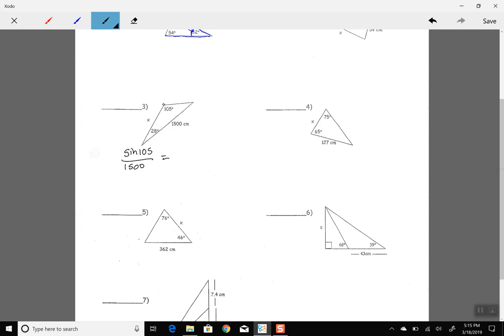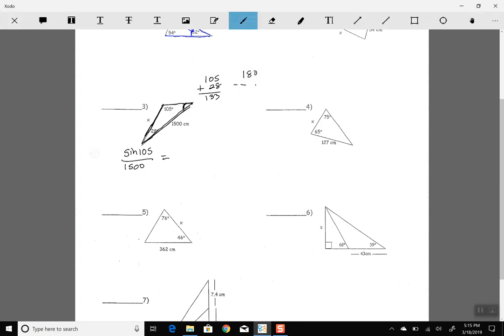So if I think about, okay, here's this side X, what angle made that? That must have been this angle over here, because this angle is the one that opens up to that side. So I need to figure out what this angle is, and since there's 180 degrees in a triangle, 105 and 28 gets you 133, then 180 minus 133 would give you 47.